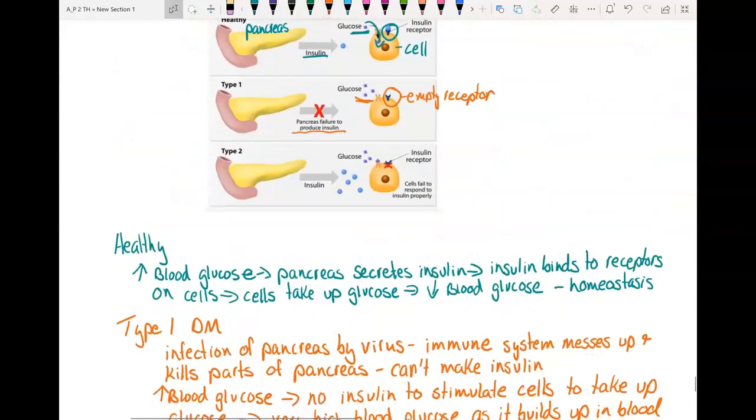Okay. Our other one is type 2 diabetes. So if we look at this picture, notice the pancreas is still secreting insulin. There's no problem there. The problem is here with the insulin receptor. In type 2 diabetes mellitus, you lack the insulin receptors on the cells.